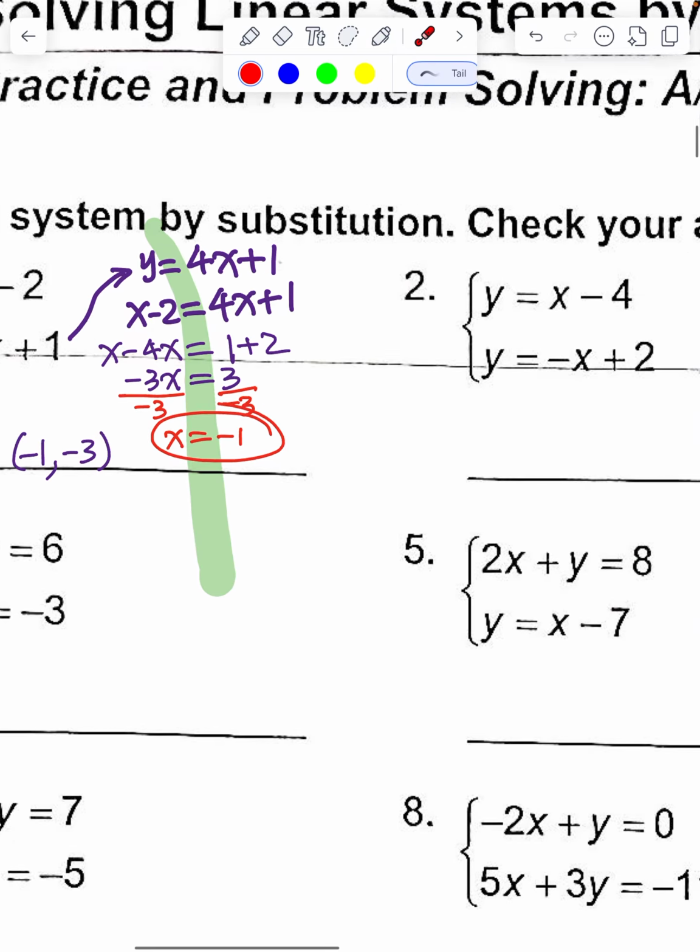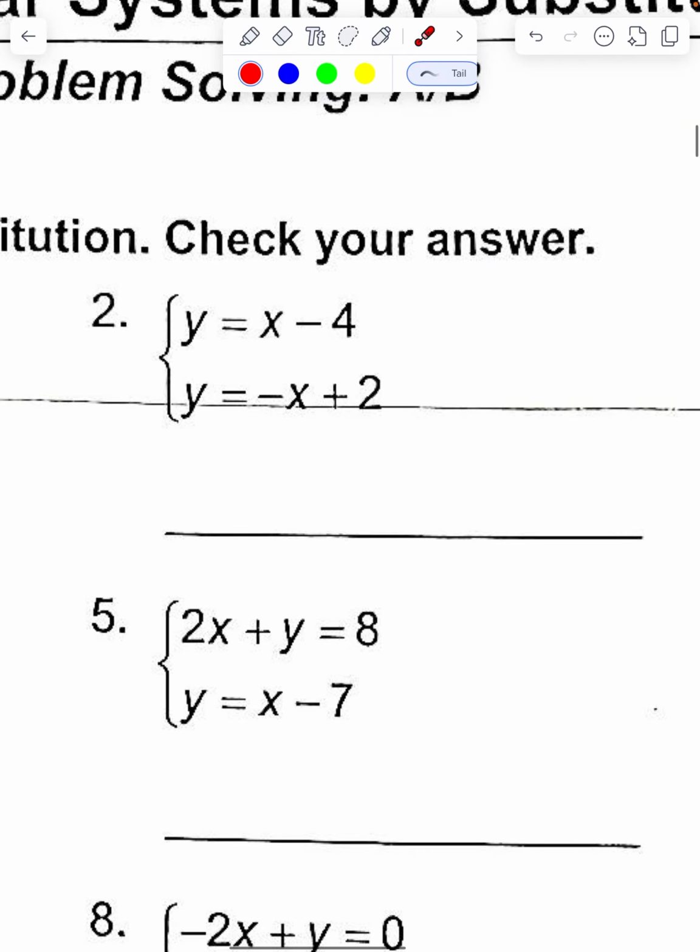Okay, second one. They both equal y, so I'm going to set this equal to this. So x minus 4 equals negative x plus 2. x is not moving, but I'm going to move negative x to here, and it becomes positive x.